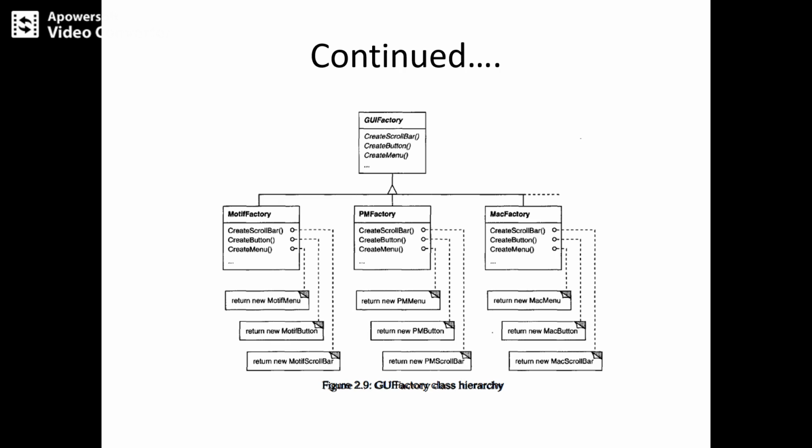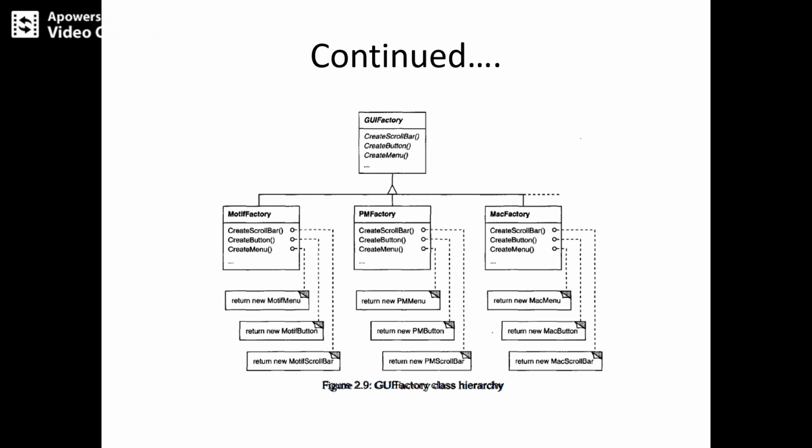So this is the diagrammatic representation of the main GUI factory class. Here we have create scroll bar, create button, and create menu, and the dot dot dot means there are a lot of operations that can be taken, whichever are required. Finally, we are always looking to support multiple look and feel standards.